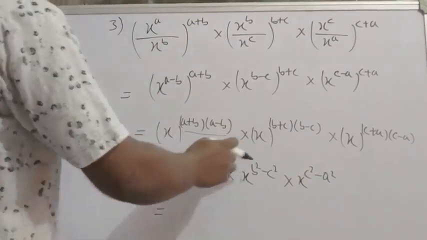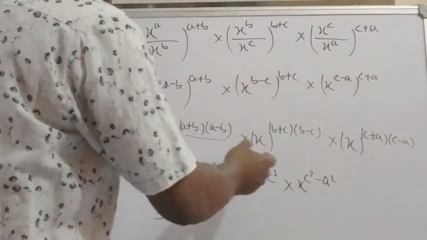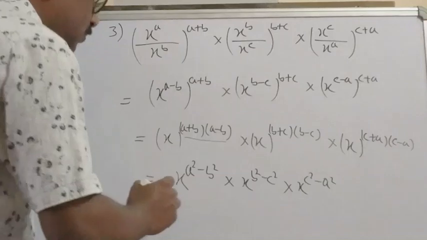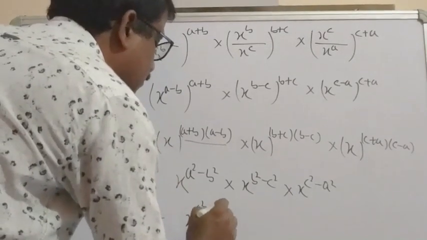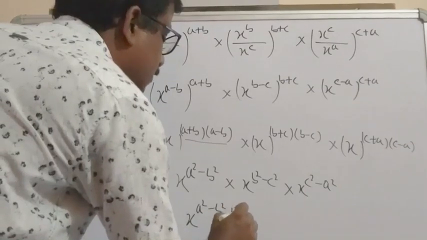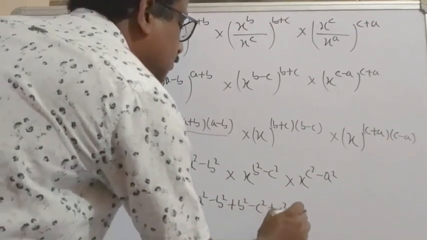So now it is multiplied. Everywhere the base is the same, x. So we have to add the power. So x to the power a square minus b square plus b square minus c square plus c square minus a square.